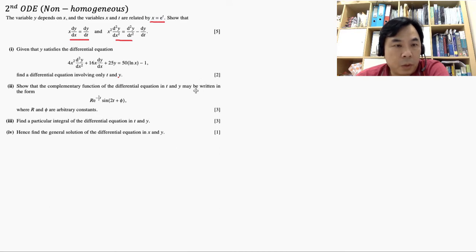And then number 3, we are going to find a particular integral of this differential equation in t and y. And then lastly, we're going to find the general solution to this differential equation in x and y.